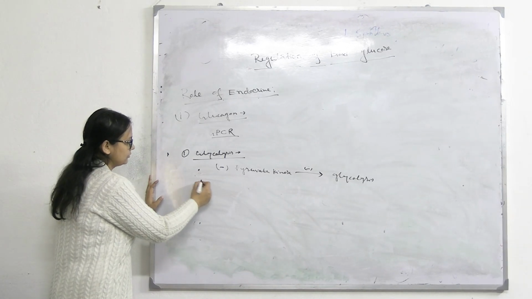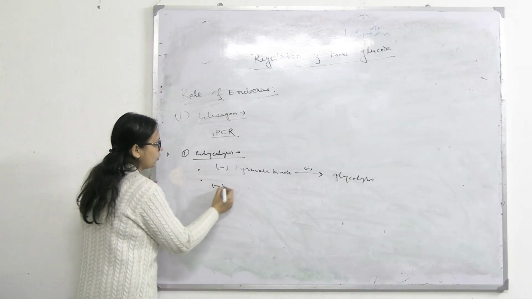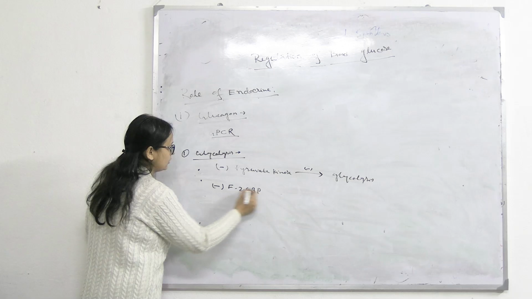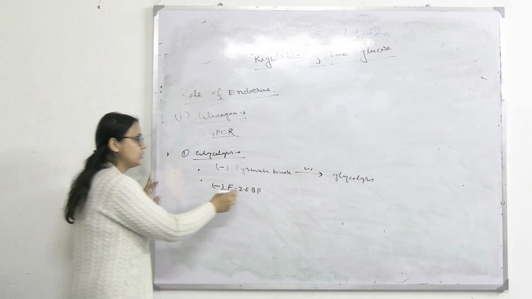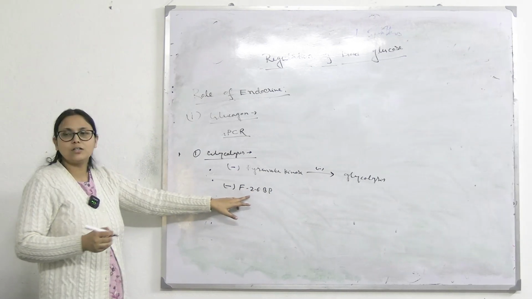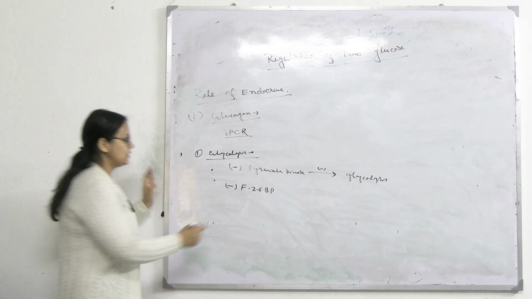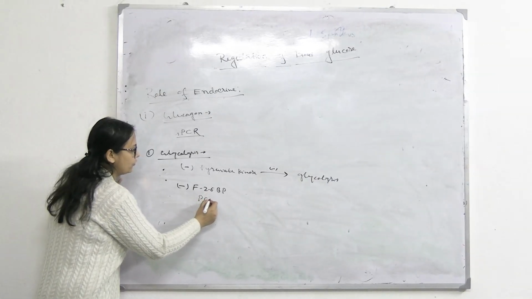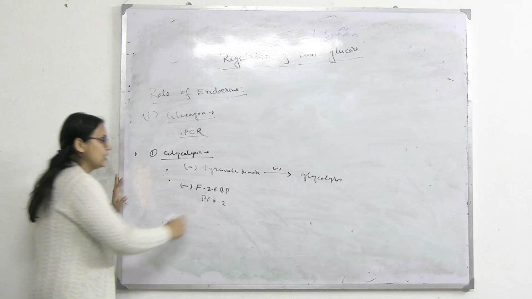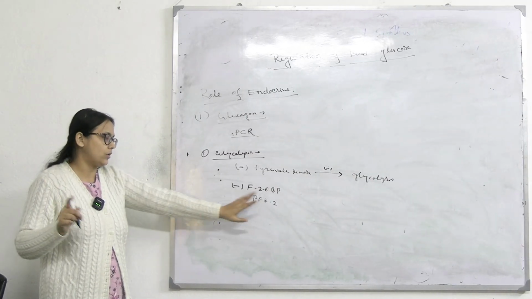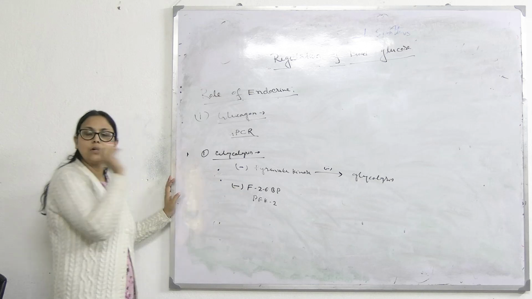And second, it inhibits production of fructose 2,6-bisphosphate. Fructose 2,6-bisphosphate is not a product of glycolysis. Okay, it's a different product which is synthesized by phosphofructokinase 2. In glycolysis, the enzyme is phosphofructokinase 1, but it is a different product, but it has an effect over glycolysis.